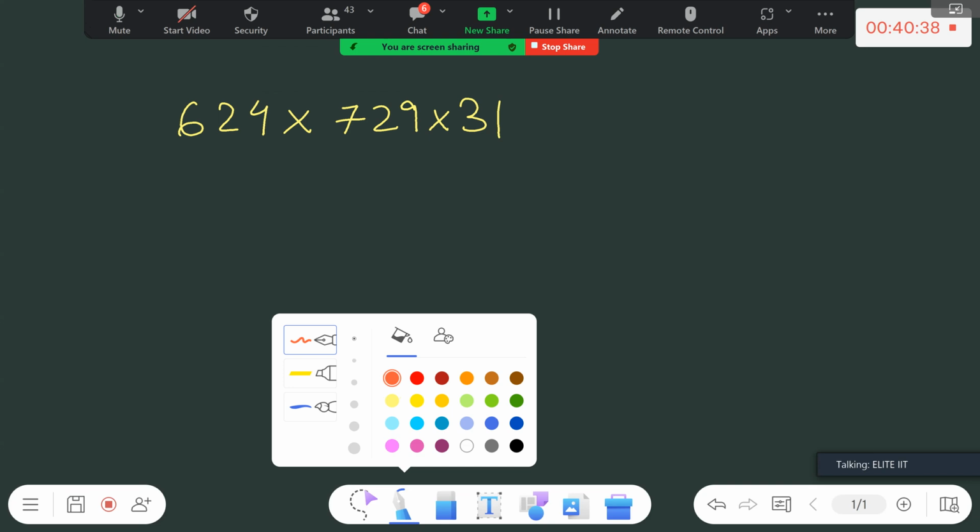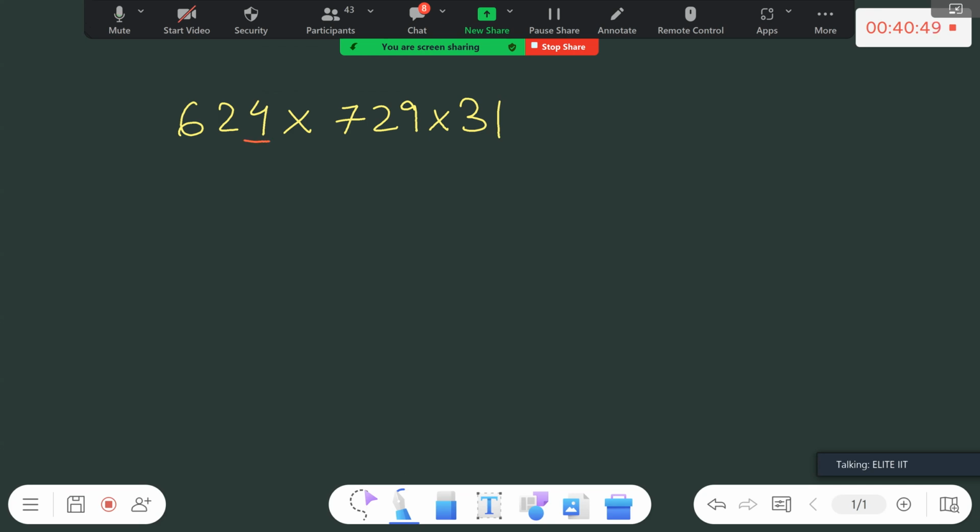The unit digit after you multiply this, you don't need to multiply the entire thing. To find it out, you can just take the unit digit from each of the numbers, 4, 9 and 1.